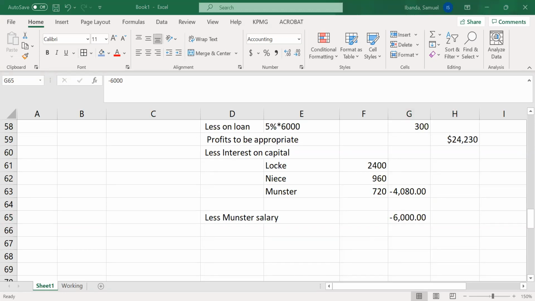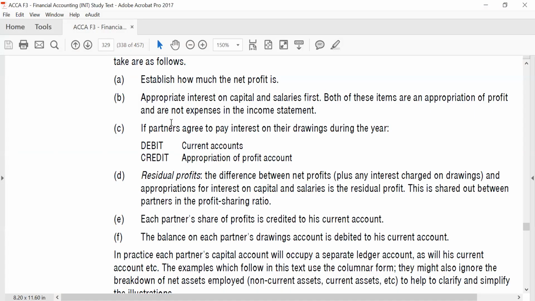Now they told us that after we have less the salaries and so on, we have to go ahead to remove, in case there are drawings, okay? They're telling us something here. If partners agree to pay interest on drawings during the year, this is what we do.